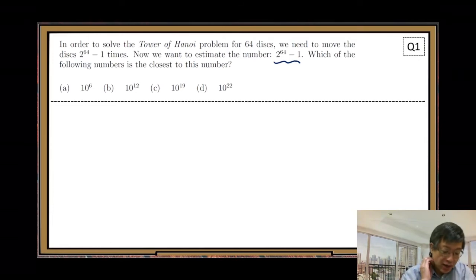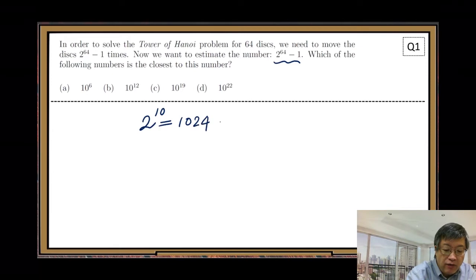First, we will use a simple fact. Do you know that 2 to the 10th power equals 1024, which is approximately equal to 10 cubed?